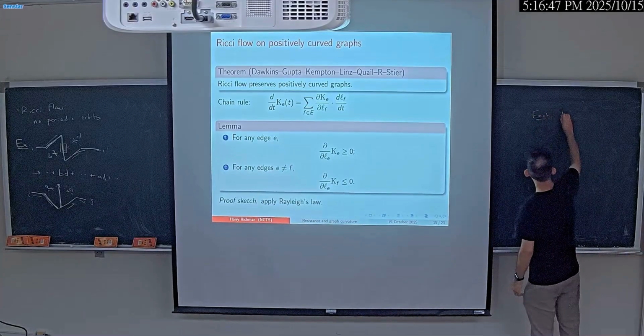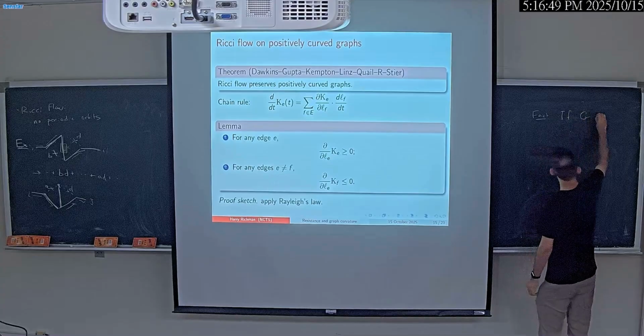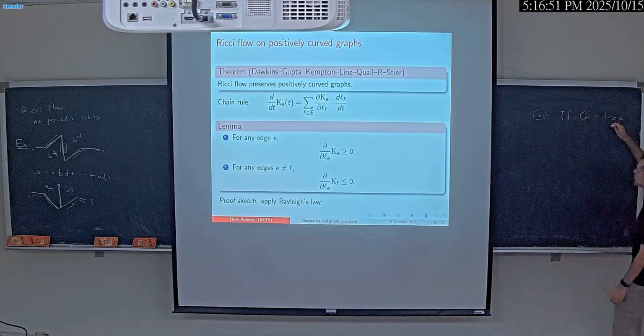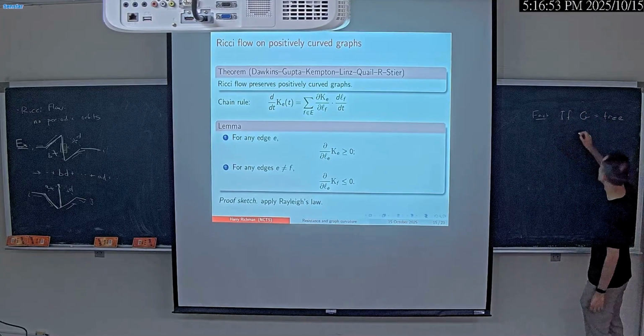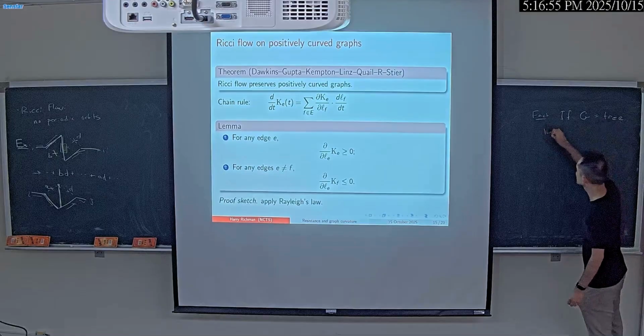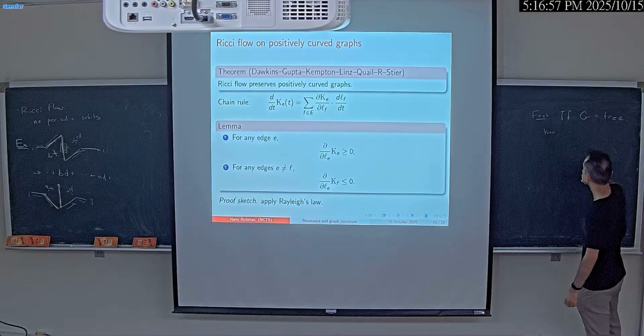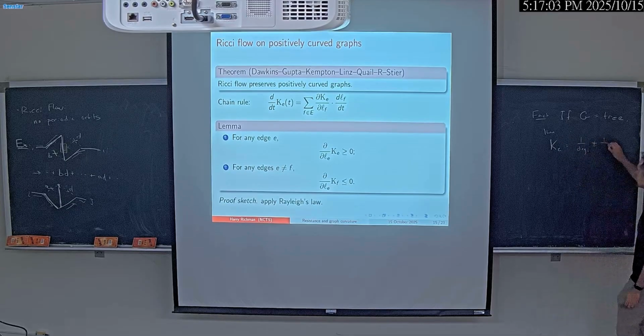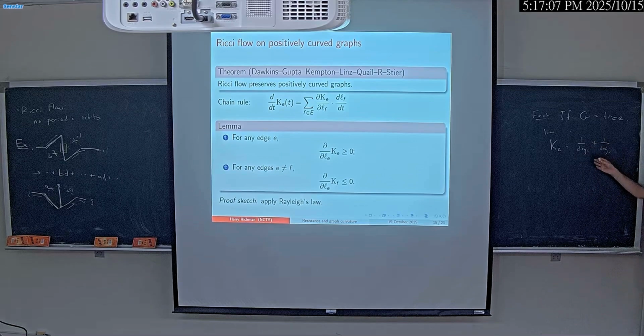So if G is a tree, so if there are no cycles in G, then okay, so the degrees, these degrees don't change because they don't depend on the resistances.